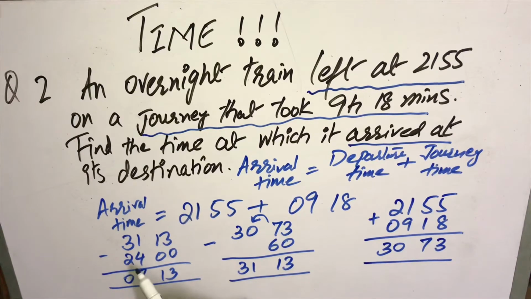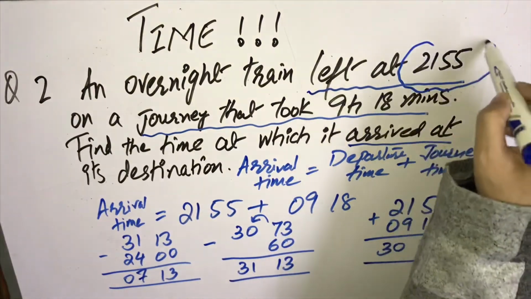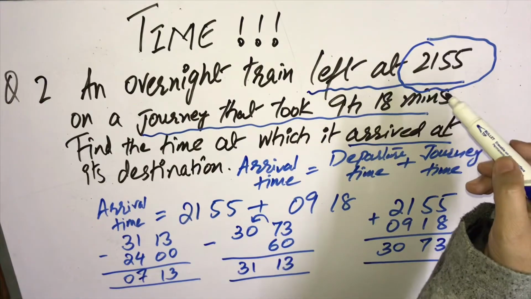But if I have subtracted 24 from this, it means I am going to the previous day and I will have my arrival time in the next day. I have subtracted 24 hours, meaning I have subtracted the whole previous day, because the journey started at late night after 9.